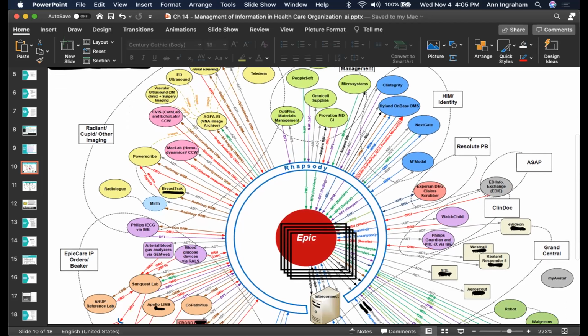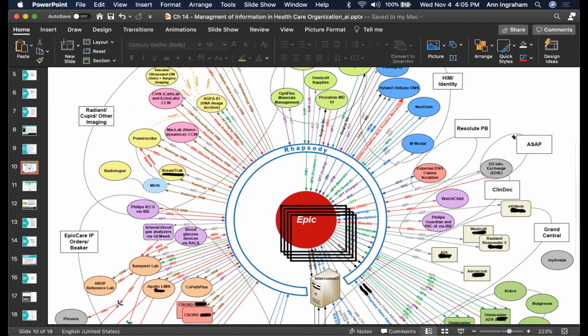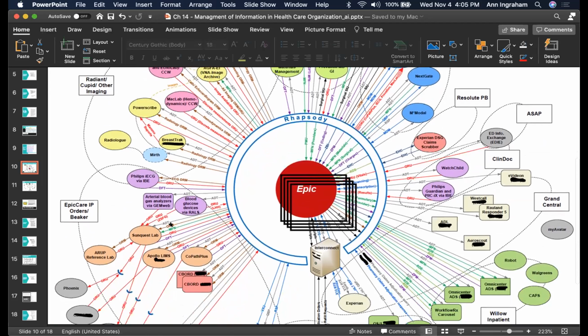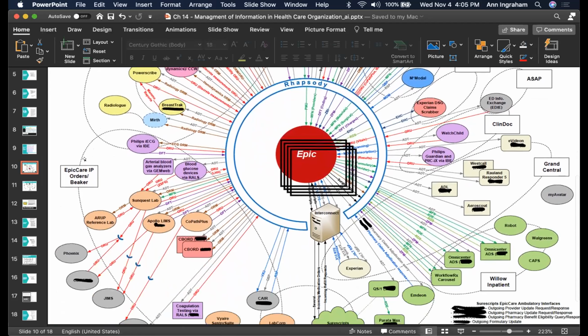Resolute Professional Billing. So the whole point, this is ASAP for the ED, so for the emergency department, okay? This is the lab department, Sunquest lab, okay, the reference lab.